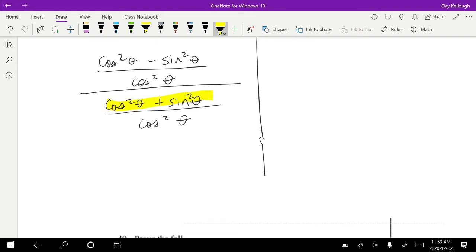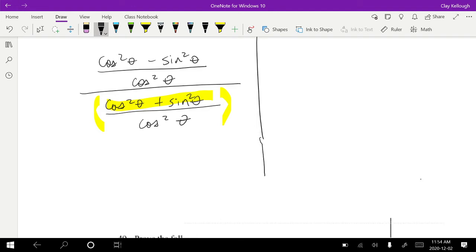That's 1. What happens when I take this divide here and change it to times the reciprocal? It's going to cancel the cos squared thetas. There's my moves. So now all I have to do is execute those moves.